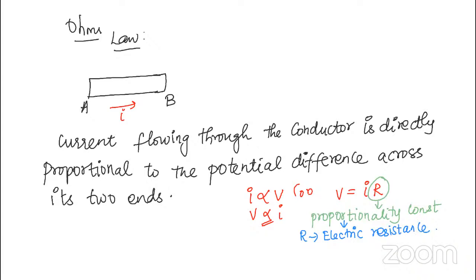So Ohm's law is V equal to I into R. It is a very, very important law.